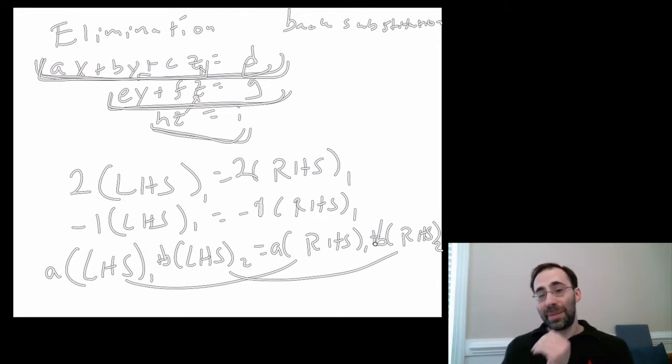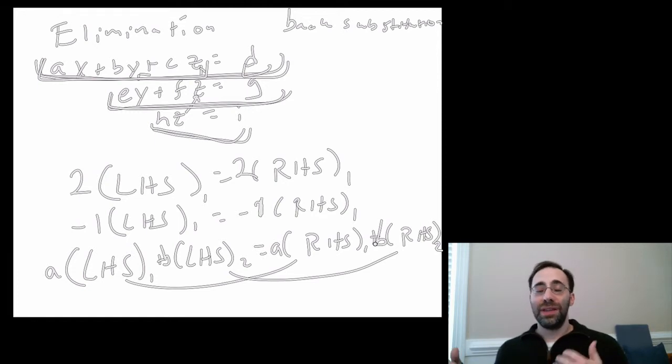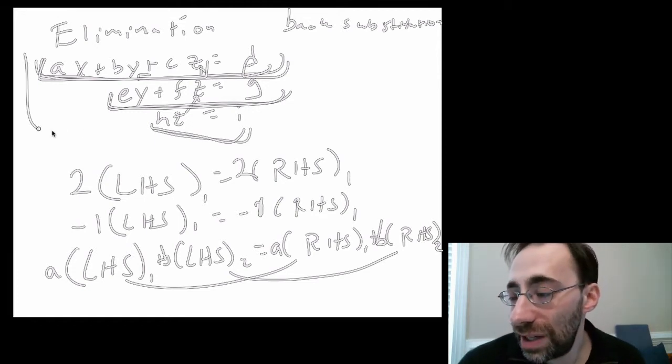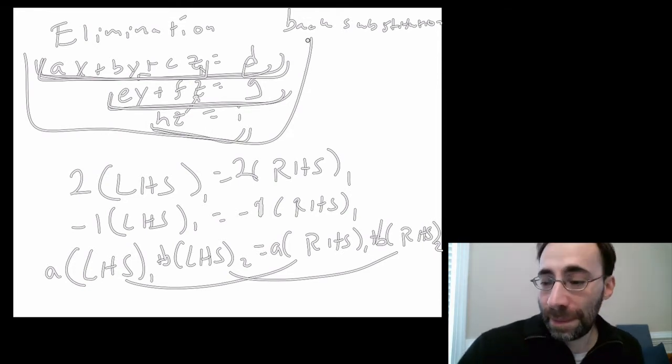I can take any linear combination of any series of equations and then produce a new equation that must also be true. And the goal of elimination is to operate directly on equations and produce a system of equations that looks like this, so I can easily substitute. That's the goal.